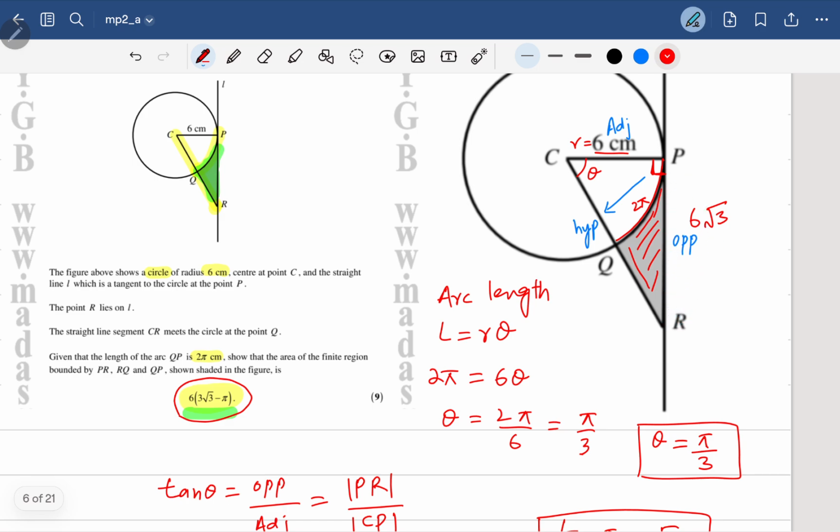So we can work out the area of the triangle, and if we take away the area of this sector, which is CPQ, we'll get the area of the shaded region. Okay, let's work out the area of the triangle CPR.